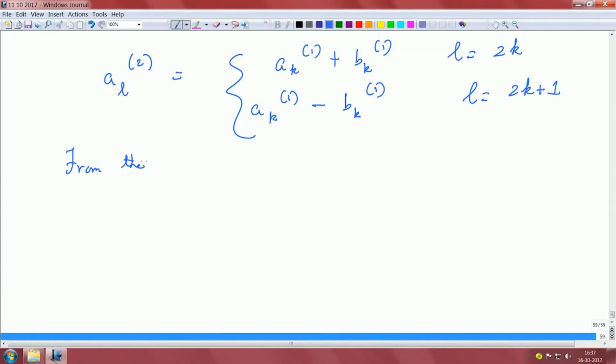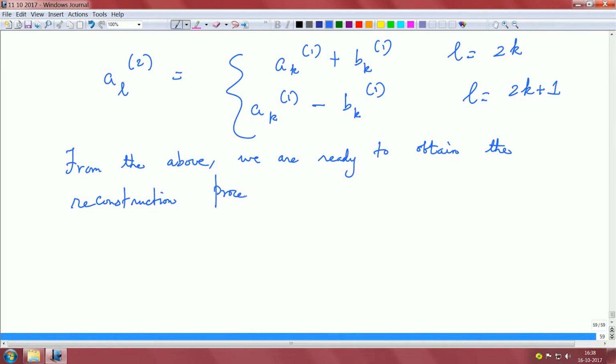Now, from the above, we are ready to obtain the reconstruction procedure, I mean this is for Haar wavelets.